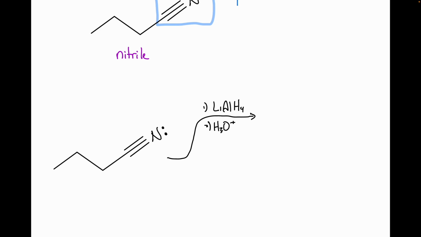All right, remember when we were reducing our aldehydes and ketones, we're adding a bunch of new carbon-hydrogen bonds. And we're going to do the same thing here. This will reduce, adding a bunch of hydrogens onto either side, to an amine.